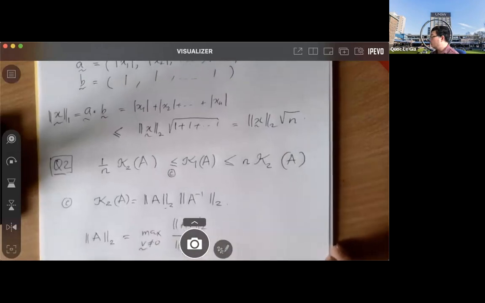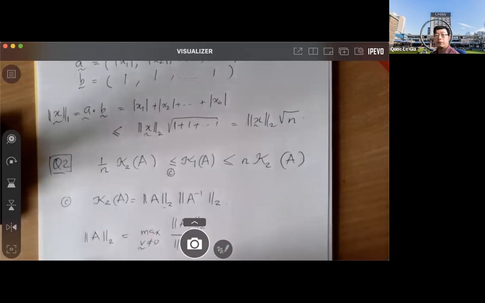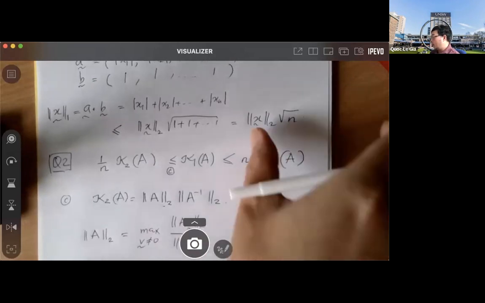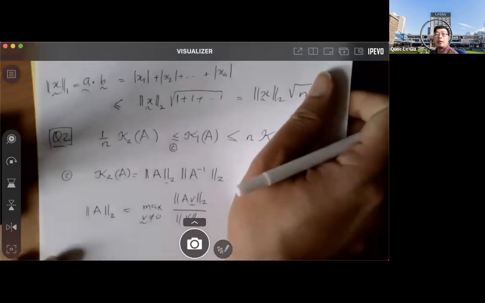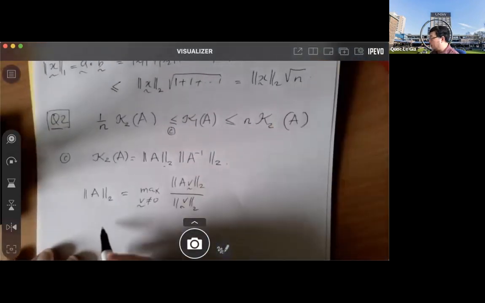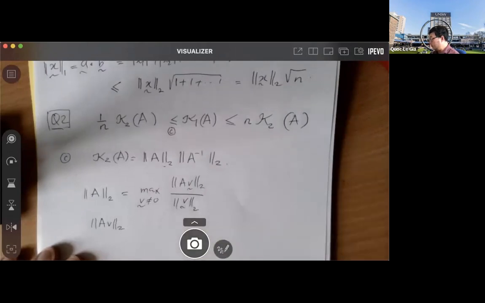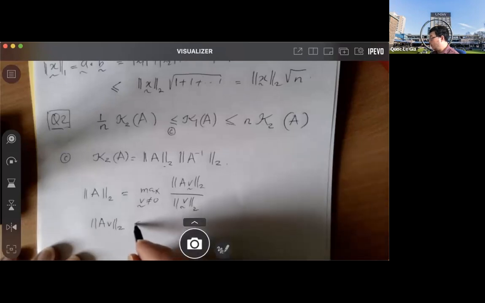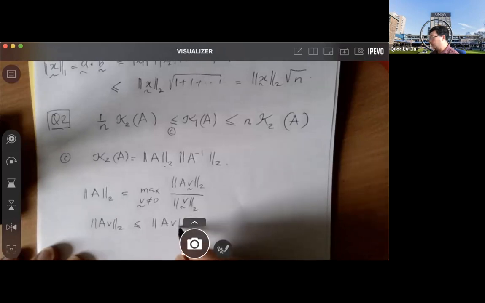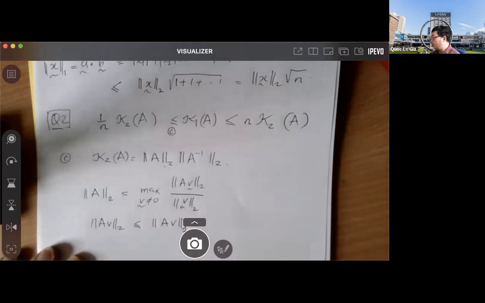Okay. But now remember that we have AV, right? The two norm. By what we just showed, the inequality before, the two norm is less than or equal to the one norm. We showed this in the previous question. Remember AV is a vector, so for a vector, the two norm is always less than or equal to the one norm.